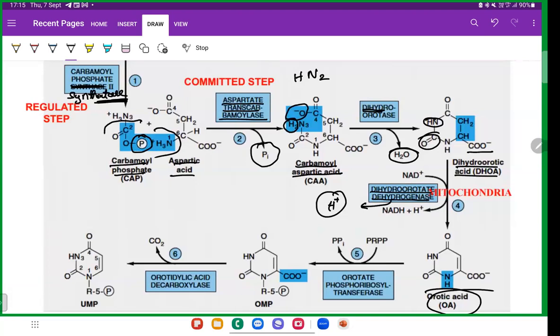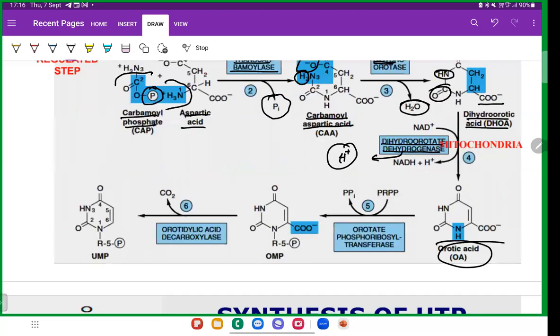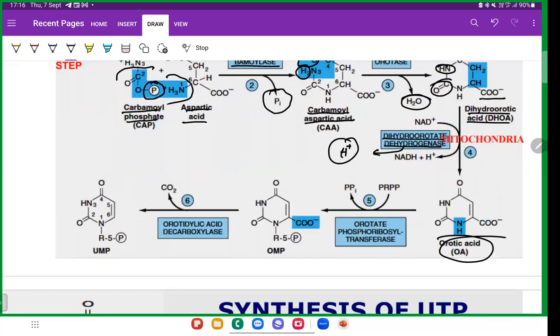Where did we see PRPP last? Did we see PRPP in purine metabolism? That PRPP gives up the pyrophosphate, and the phosphoribosyl joins with it to form OMP. Okay, you form a monophosphate, orotidyl monophosphate. The orotidyl monophosphate is going to get decarboxylated to form UMP, uridine monophosphate. So finally what you got is uridine monophosphate.